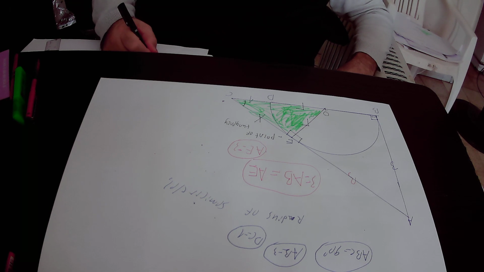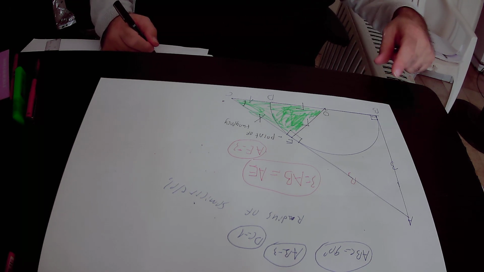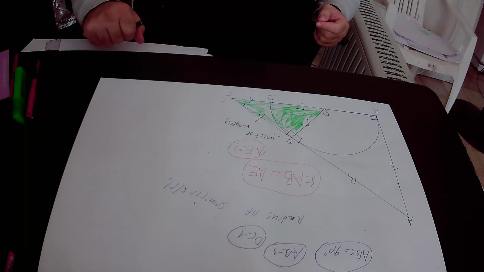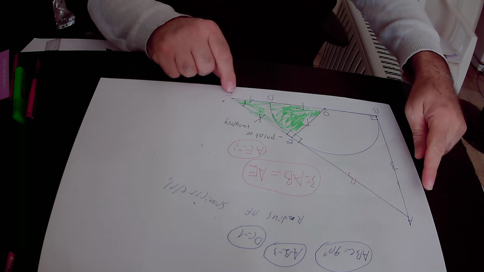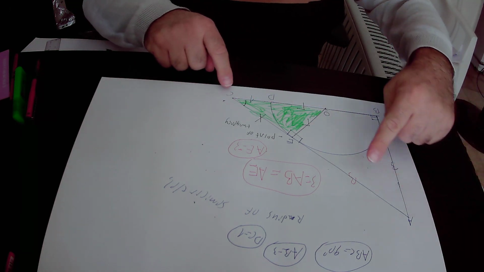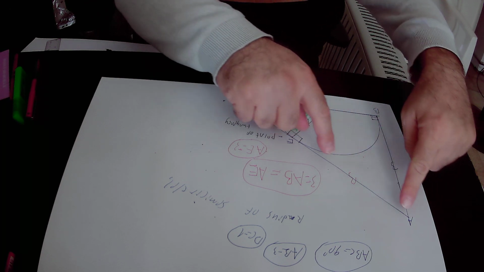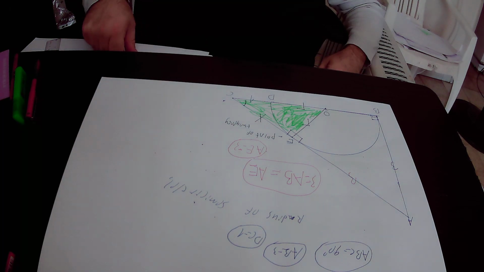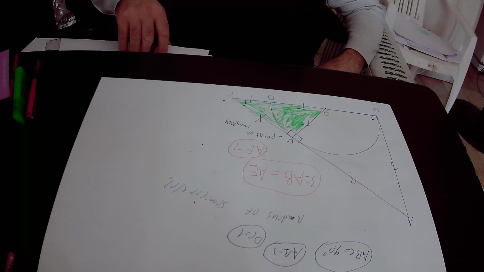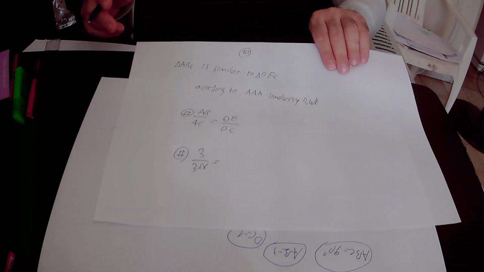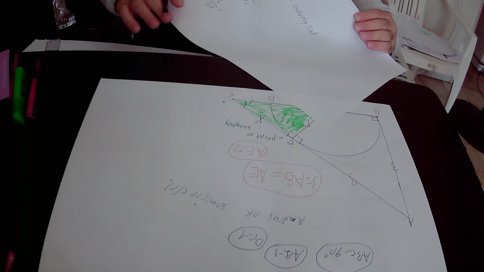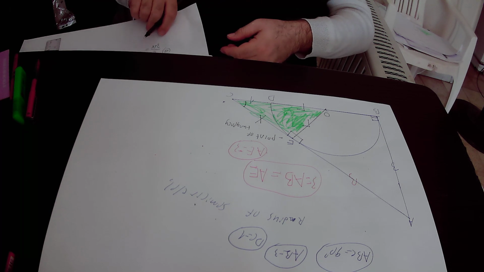But what is the value of AB? AB equals 3 units according to what is given in the question. What is the value of AC? AC equals 3 plus X. So here AB equals 3 and AC equals 3 plus X, and all equals OE.